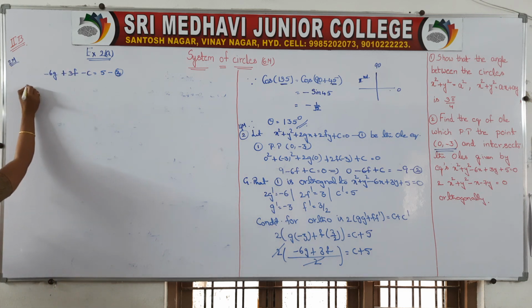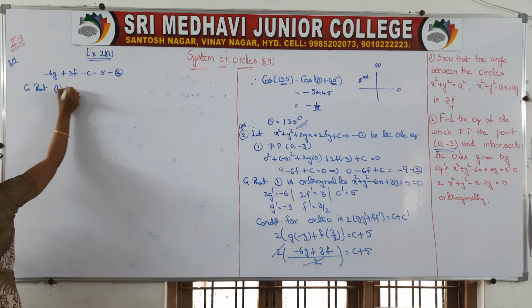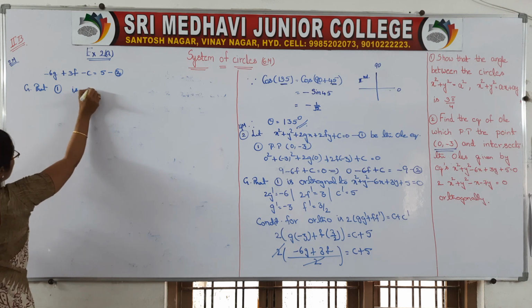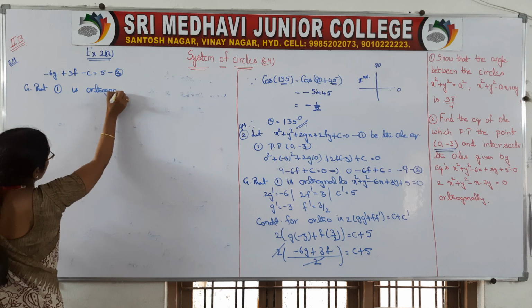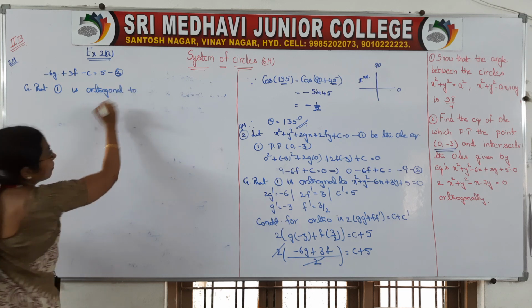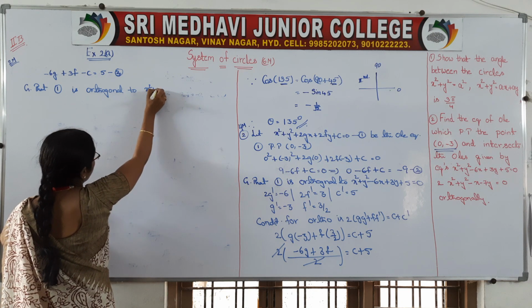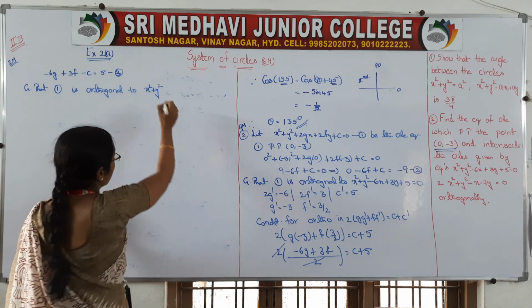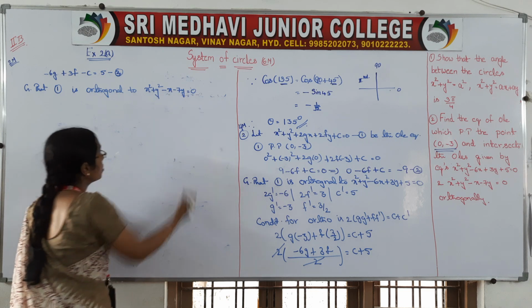Now you take another condition, the last condition. Given that, what is that? It is orthogonal to which circle? Another circle, x square plus y square minus x minus 7y is equal to 0.